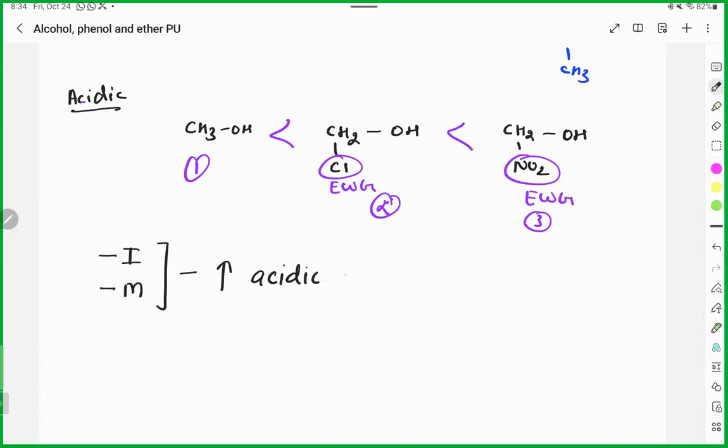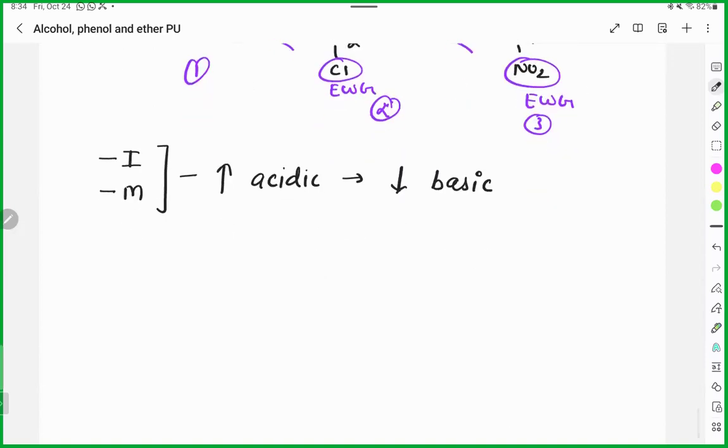It means they will decrease basic character. Same way, plus I effect, plus M effect, and plus H effect, all three will reduce acidic character, and it means they will increase basic character.